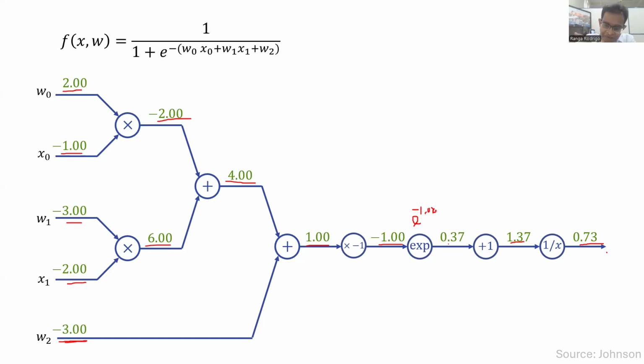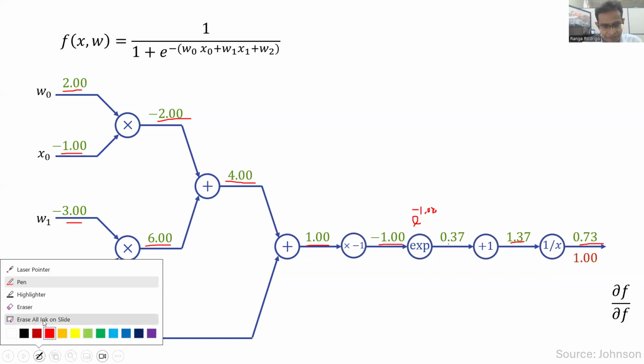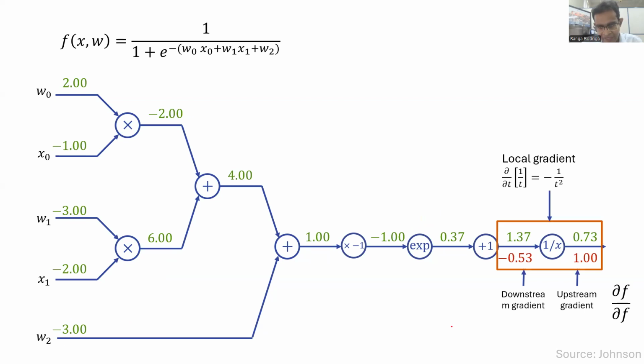Now what we need to do is backpropagate. So the partial derivative of f with respect to itself is 1. Then we need to compute the downstream gradient: the upstream gradient is known, it's 1. What is the local gradient?